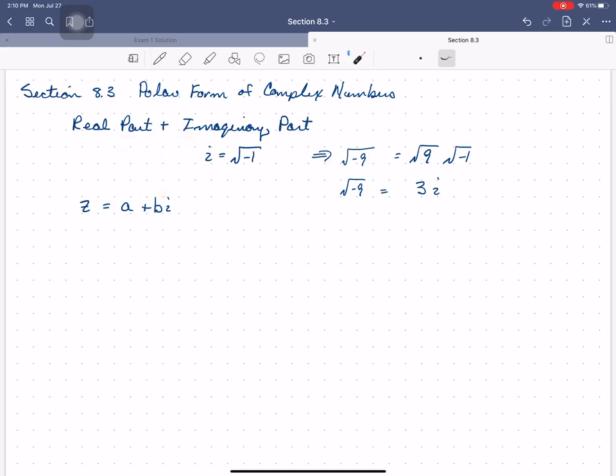All right. So, up until now, what you've always been told is that we can't plot imaginary numbers. What I want you to do is think about plotting on the complex plane.